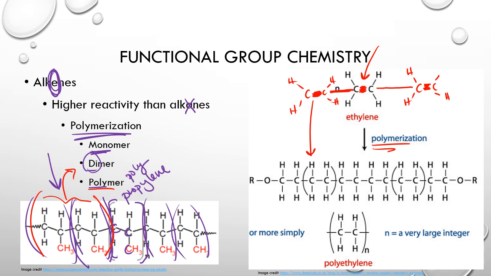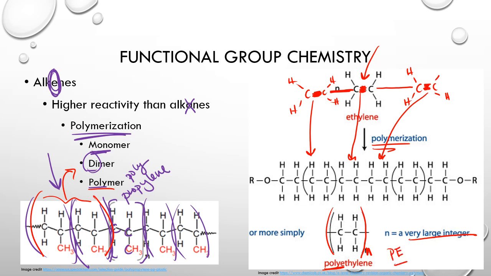So here's one, and here's the next one, and here's the next one, and we just keep going and going and going. Sometimes we write it out with the monomer in parentheses, and then this number n is some very large integer. This is the number of repeats of the ethylene or the ethene. We're going to call this polyethylene.